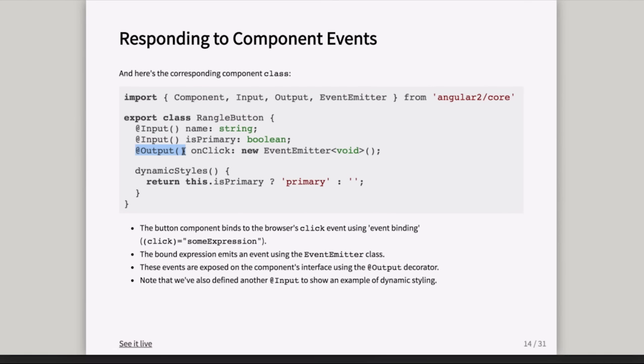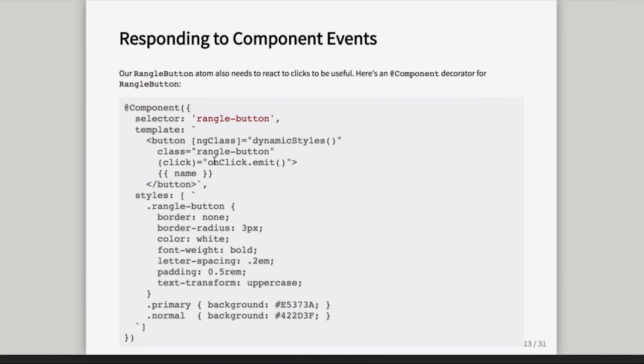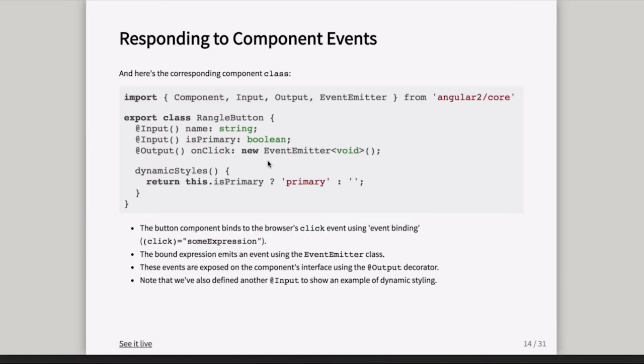And we're using the new output decorator and a property which is an instance of event emitter to fire events up to the consumer of our component. So this is where this onClick.emit comes from. It's from the event emitter. So that's how you send clicks or other actions or events out of a component and up the chain, up the tree of UI that is using it.